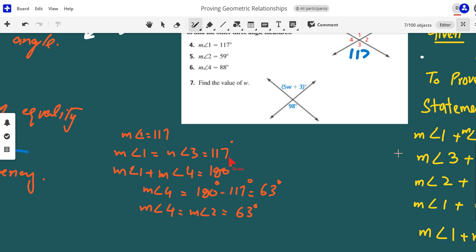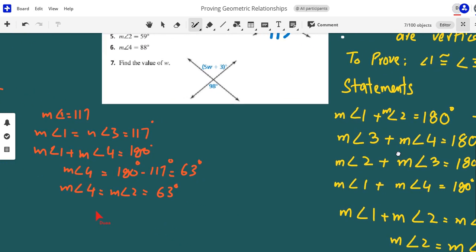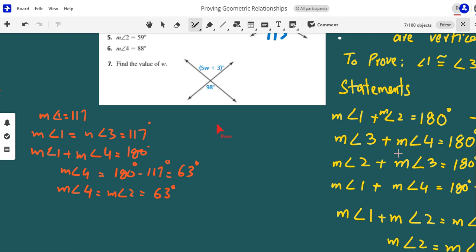you can solve questions 5 and 6 in the same manner. Let's first solve question number 7. It says find the value of W. How can we find that? Very easy. Since 5W plus 3 is congruent to 98, they are equal to each other, because these are the angle values.